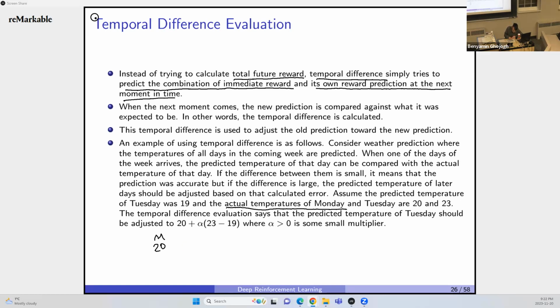I predict Tuesday to be 19, and Wednesday maybe to be 18. Now tomorrow comes, I'm in Tuesday, and I see that the temperature became 23. So I made a mistake. How much was the mistake? 23 minus 19.